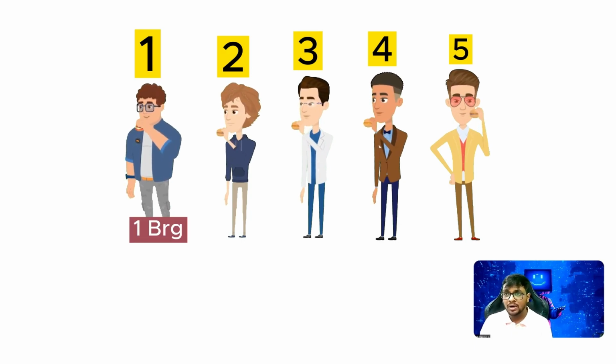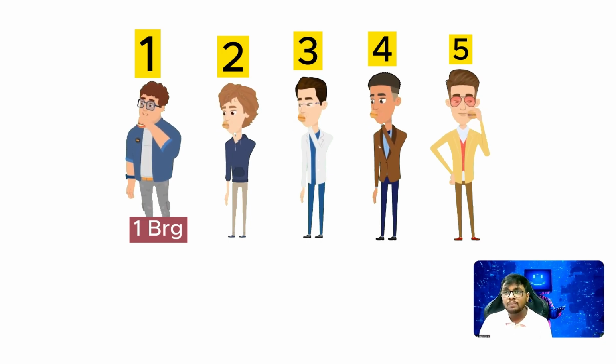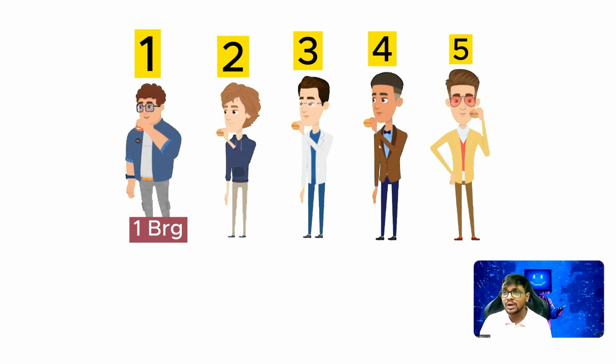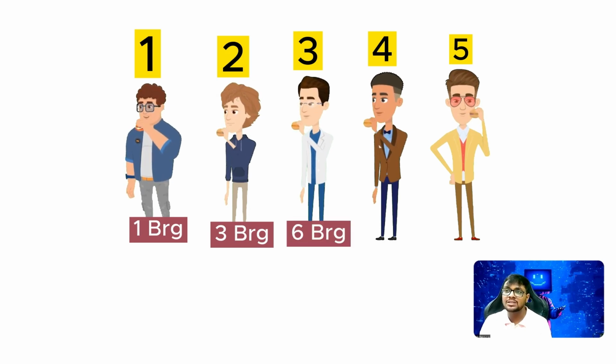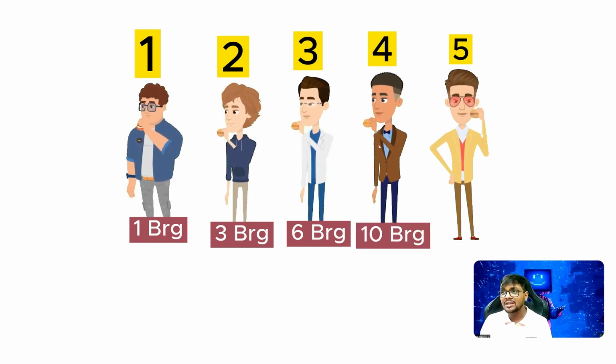Now this person, how many burgers would he get? He would get one plus his number, that is 1 plus 2, that he would get 3 burgers now. This person would get 3 plus his number, 3 plus 3, 6 burgers. Same way, this person would get 6 plus 4, that is 10. And this person would get 10 plus 5, that is 15.